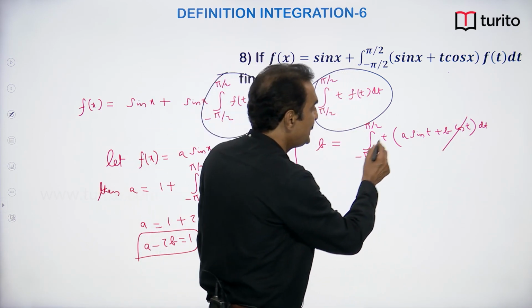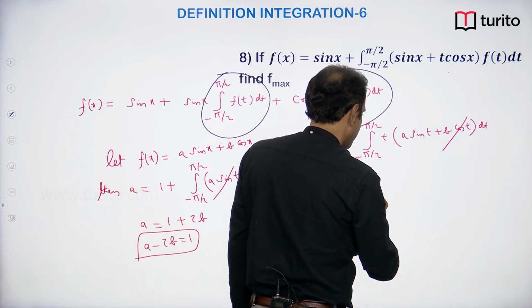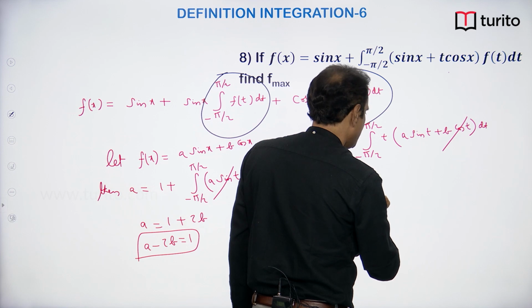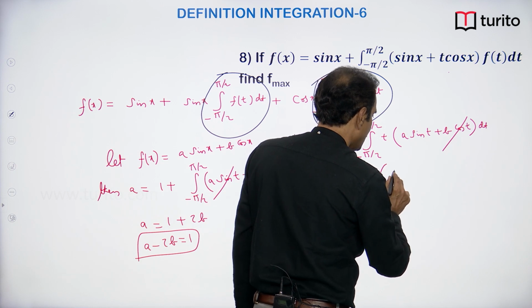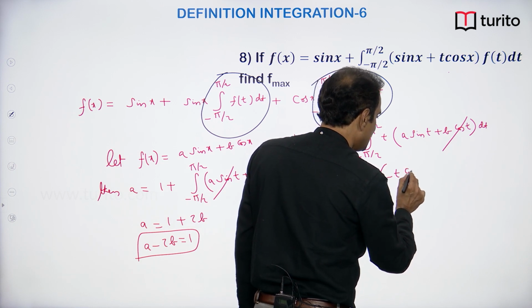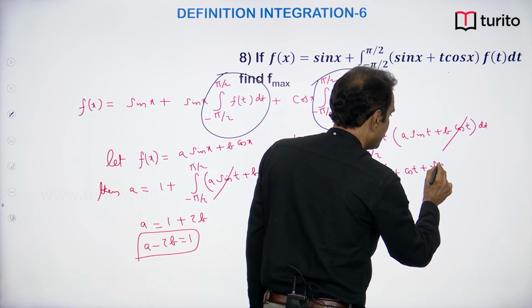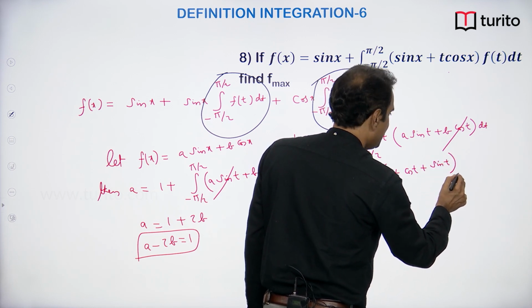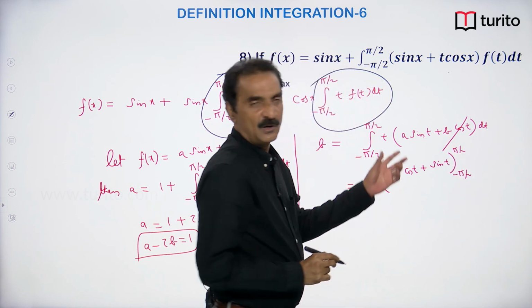Now what is the integral of t sin t? I think you will get a into the integral of t sin t, which is minus t cos t plus sin t. You know integration by parts?